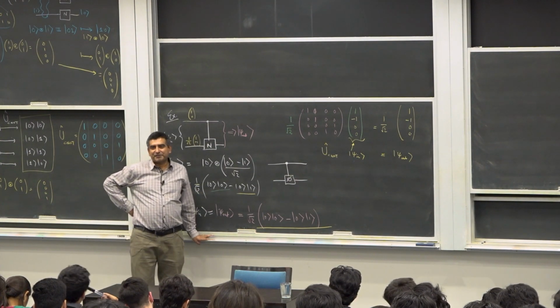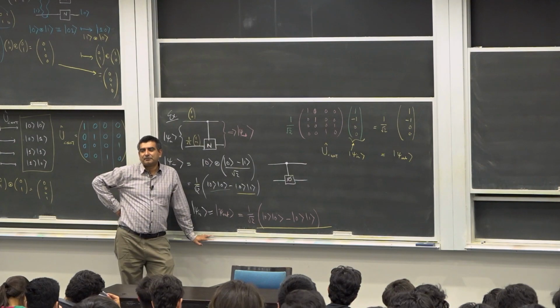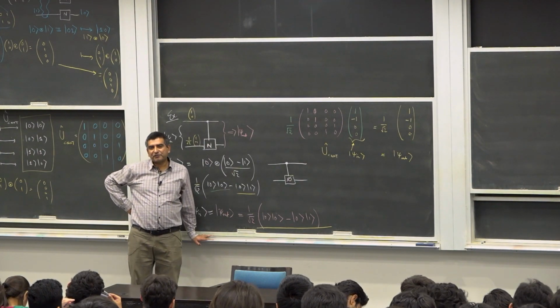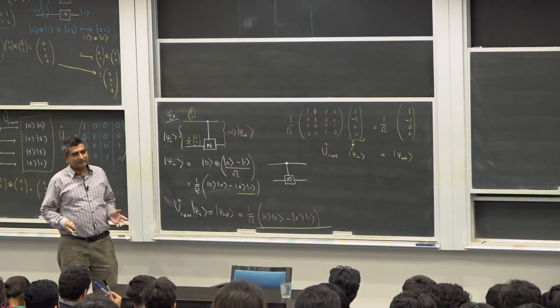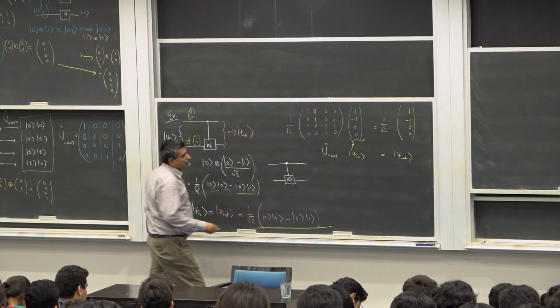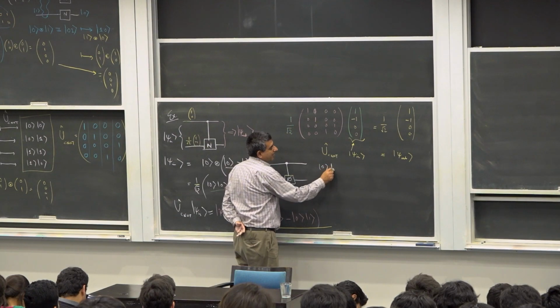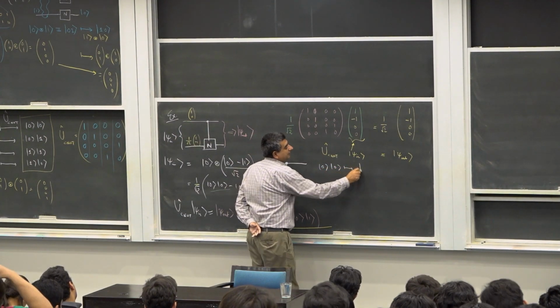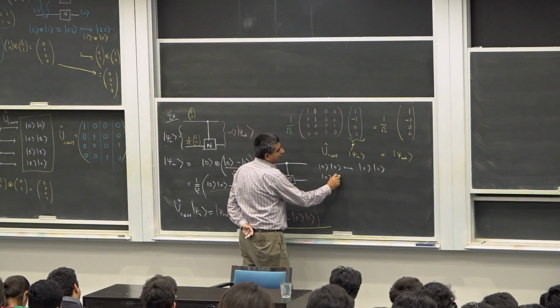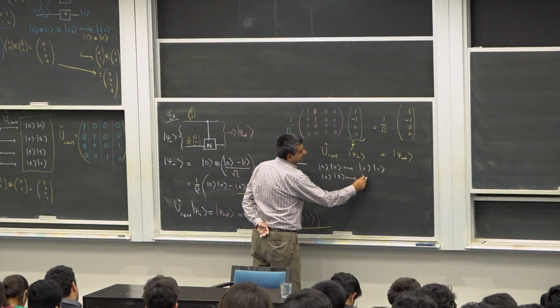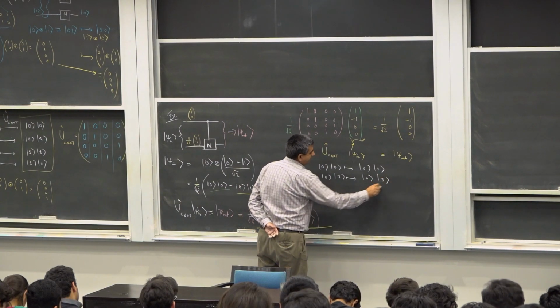Could you write the matrix for this? So one possibility is, first of all, you would want to write down the truth table. So ket 0 0, nothing happens because the first qubit is in a state 0. Ket 0 1, nothing happens because the first qubit is in a state 0.